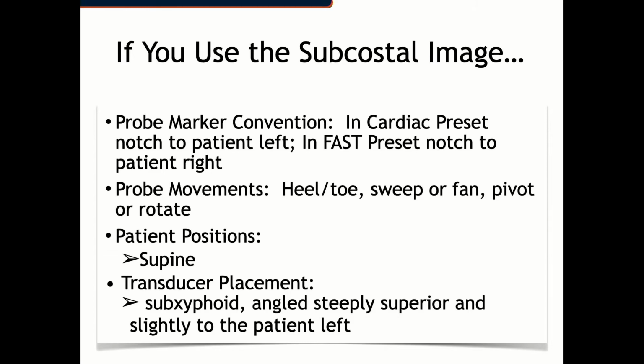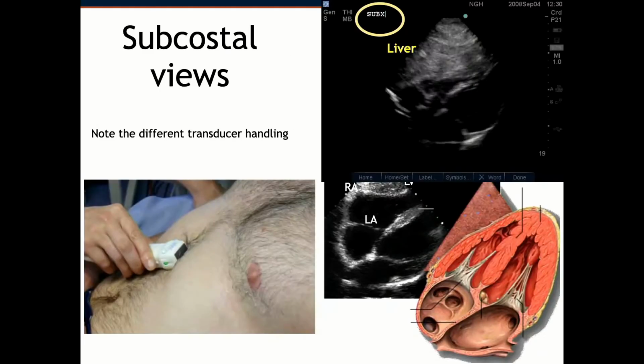And again, remember, in a FAST preset, the notch would be opposite. Same probe maneuvers will be useful. Again, the patient's really going to be supine for this entire process. And then you are going to angle your probe sharply superior and perhaps a little to the patient's left.